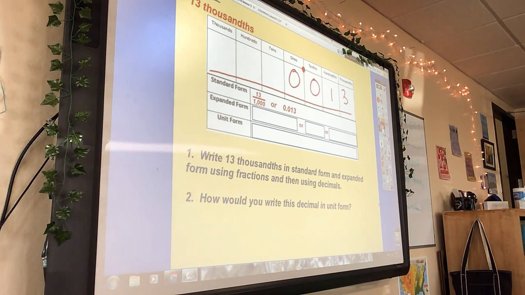So if you want to break them up, you could do 3 times 0.001. And or 13. I'm sorry, I'm missing a number. You could say 13 copies of 1,000. Or you could break it apart and say 1 copy of 100 plus 3 copies of 1,000.